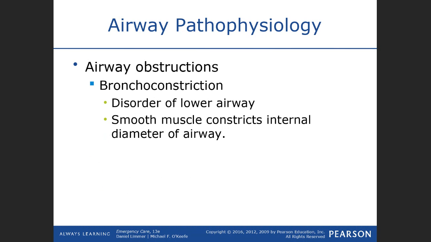Disorder of the lower airway, smooth muscle constricts the internal diameter of the airway. So when there's bronchoconstriction within the lower airways, air is still able to get into the lungs, but the patient is going to have trouble getting air out because of the narrowing of the air passage.